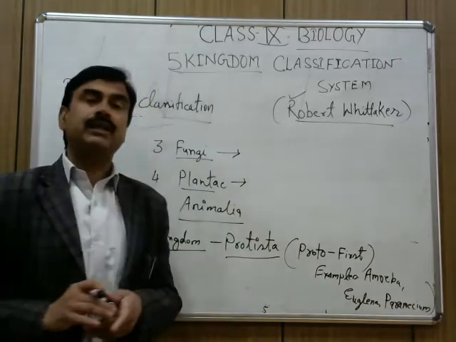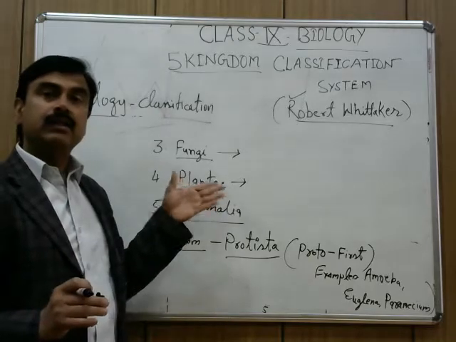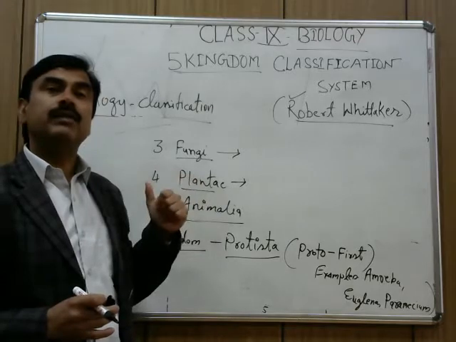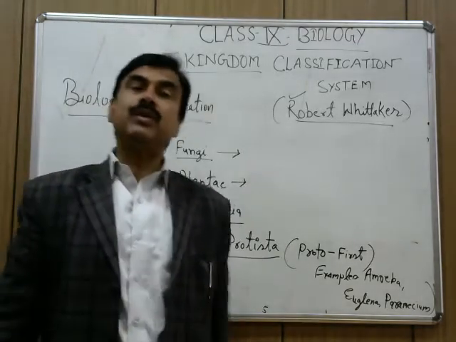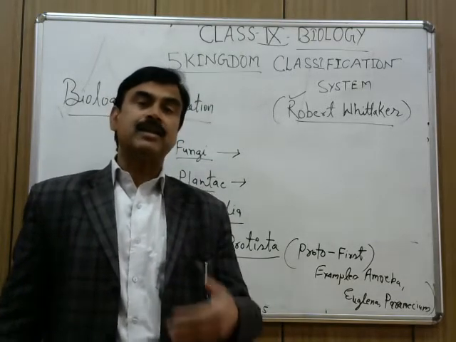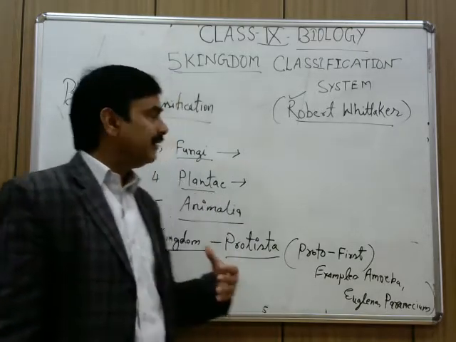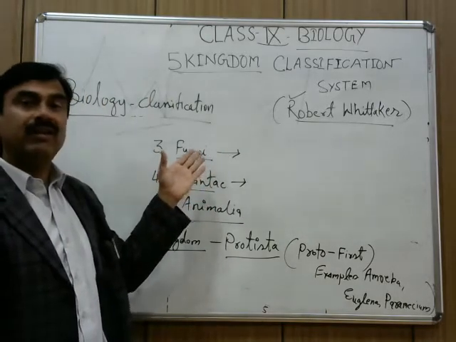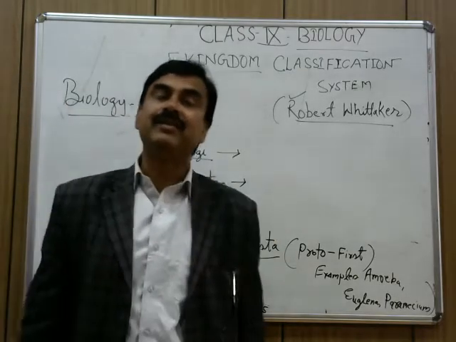But there would be a question: why are you categorizing fungi and plantae into 2 kingdoms, why not keep them in 1 kingdom? What is the difference between fungi and plantae? Any guess? Some of you can understand why Robert Whittaker categorized them at different places: because fungi are not green.